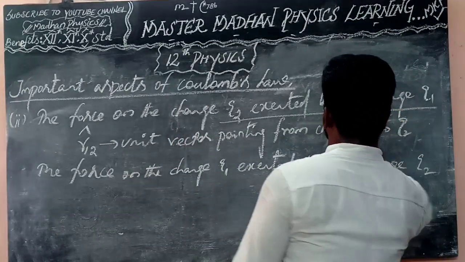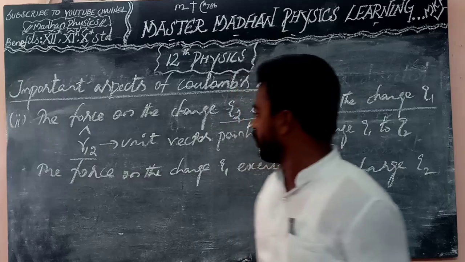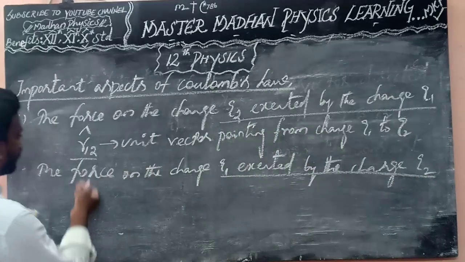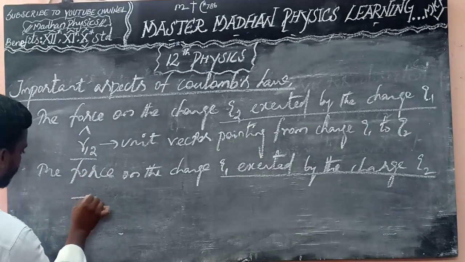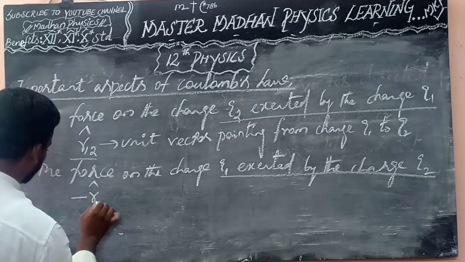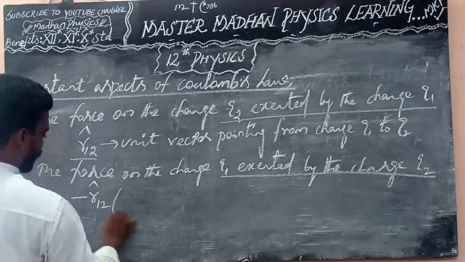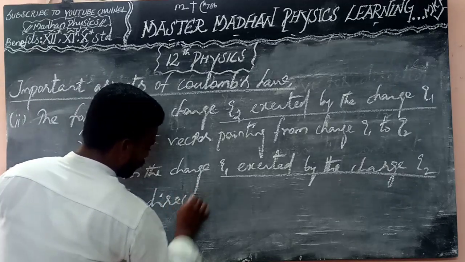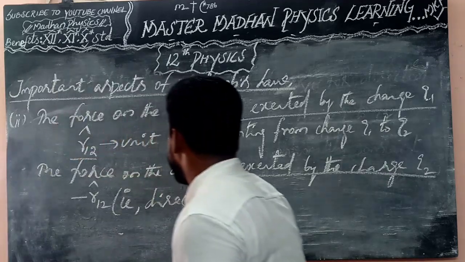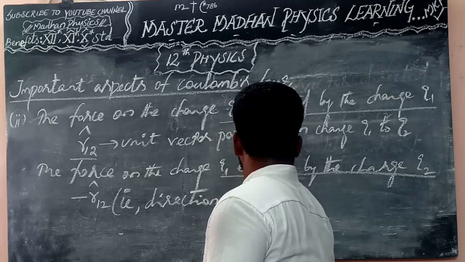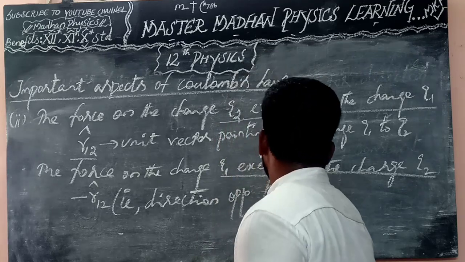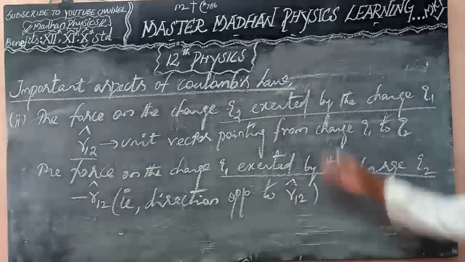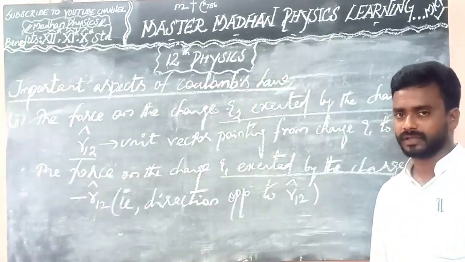The force on Q2 exerted by Q1 means r cap 1 2. The force on Q1 exerted by Q2 is opposite, so that is minus r cap 1 2. That's the thing, because the direction is opposite to r cap 1 2. Okay, so this is the second point. Keep it in mind.